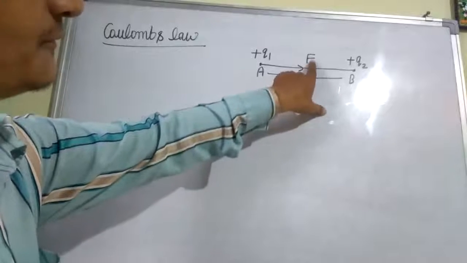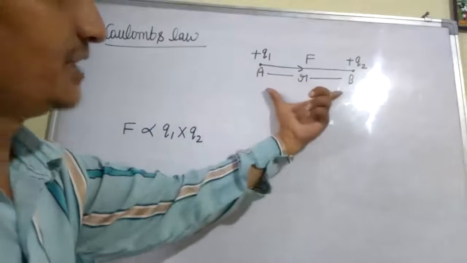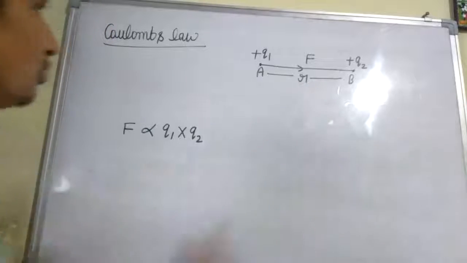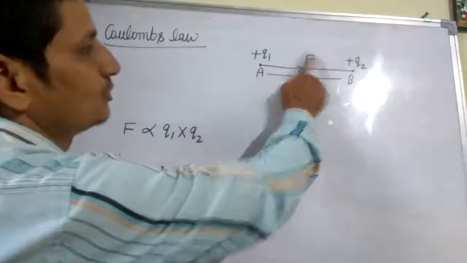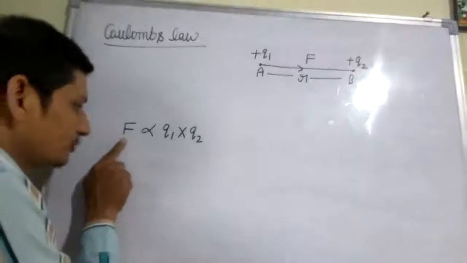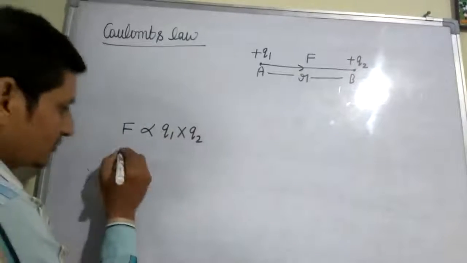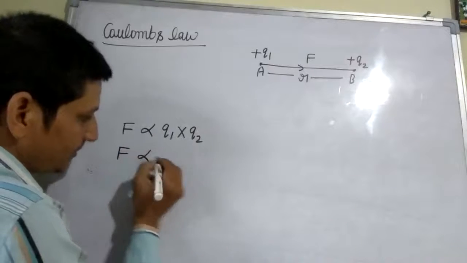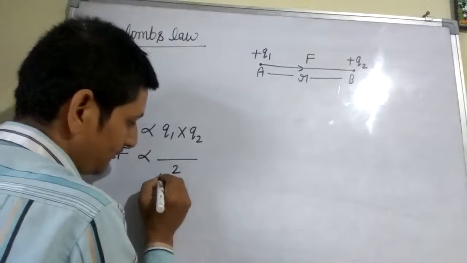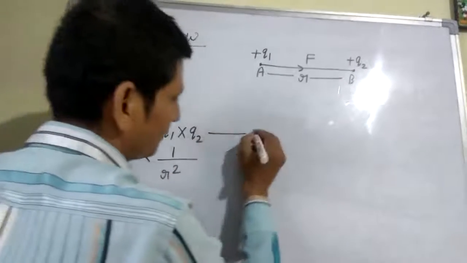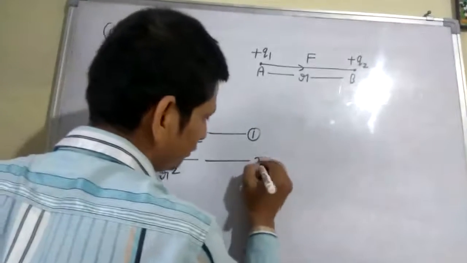And electrostatic force is F, and distance between these 2 points A and B is R. So electrostatic force is directly proportional to the product of charges, and inversely proportional to the square of distance between them. This is equation 1. This is equation 2.